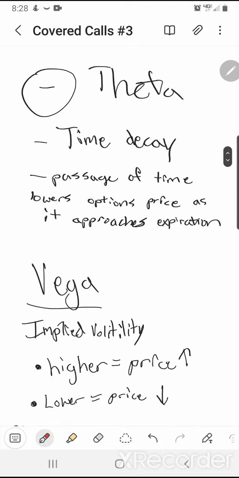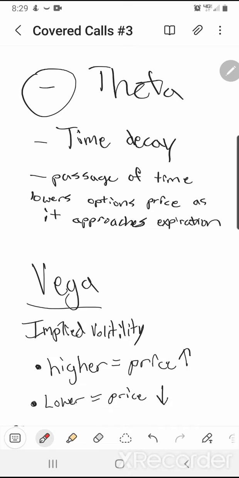Theta, time decay. This is how selling options, selling covered calls makes its money. The passage of time lowers the option's price as it approaches expiration. So the more time you have, the more premium you get. Then as that time ticks away, and the closer you get to expiration, that premium is going to be lower and lower and lower.